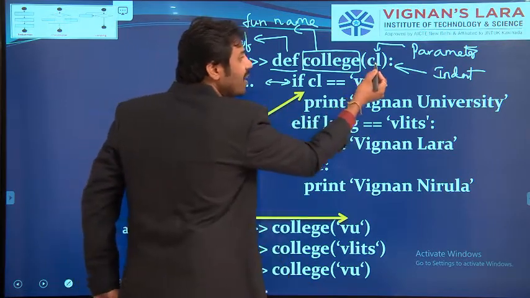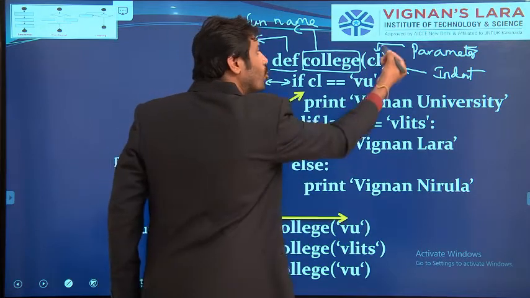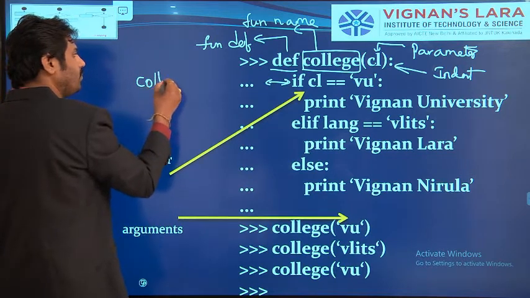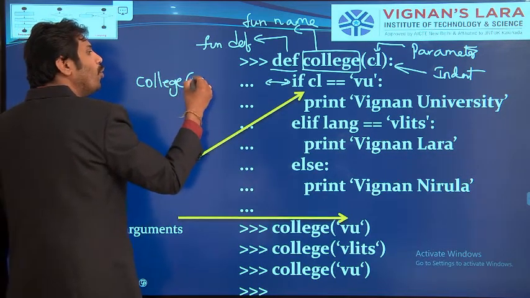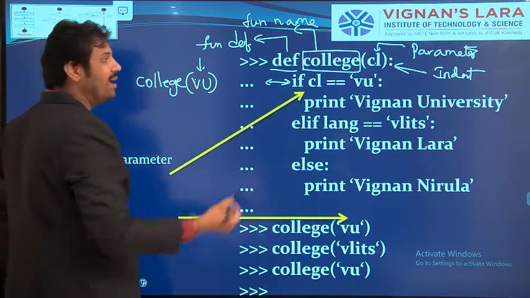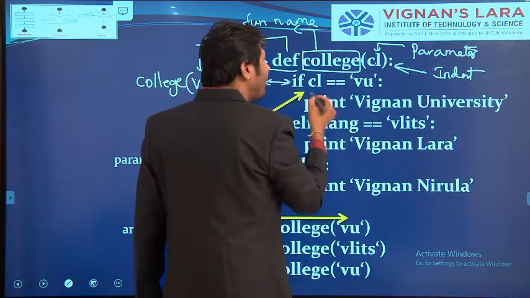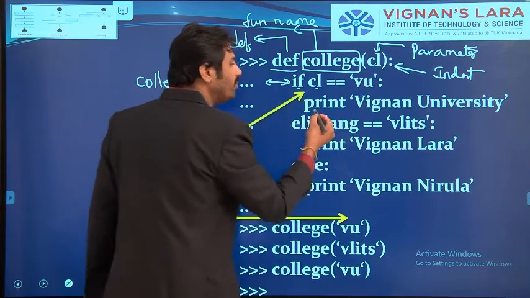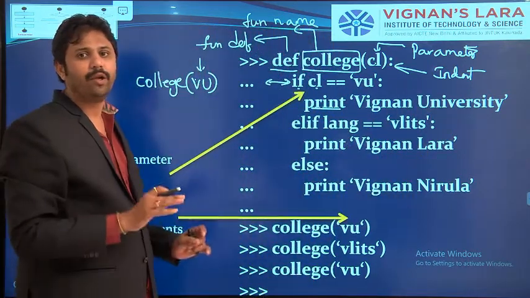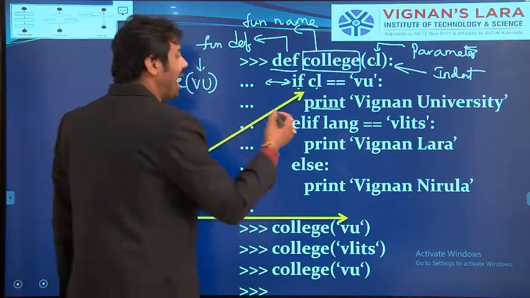If CL equals to VU, if you give input VU for this function college, then print Vignan University.